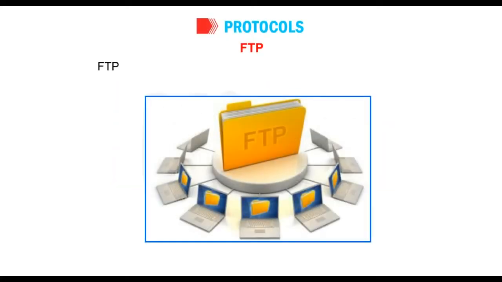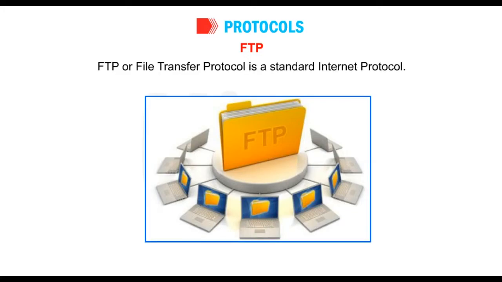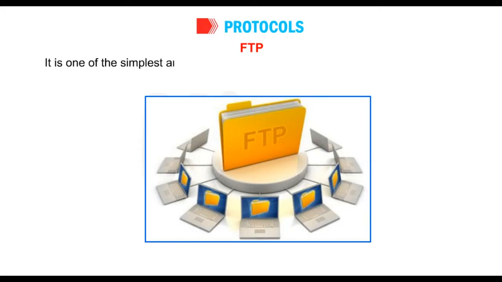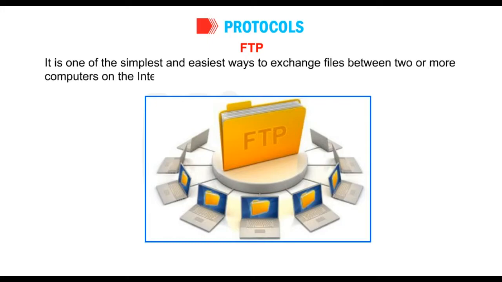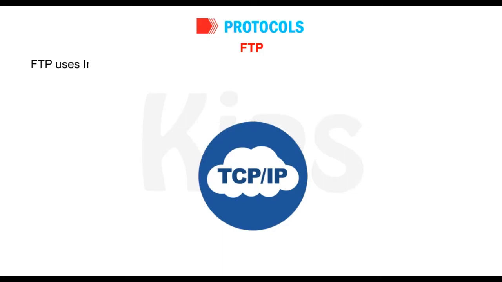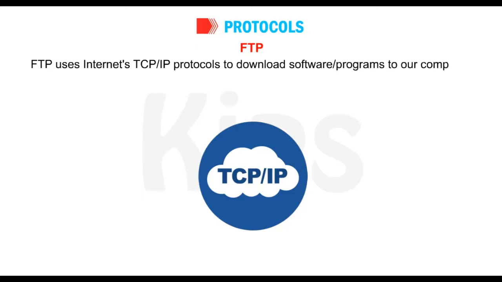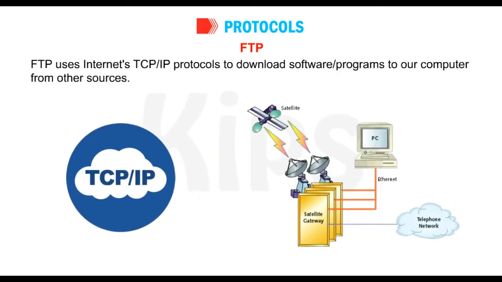FTP. FTP, or File Transfer Protocol, is a standard Internet protocol. It is one of the simplest and easiest ways to exchange files between two or more computers on the Internet, using FTP client and FTP server software. FTP uses the Internet's TCP/IP protocols to download software or programs to our computer from other sources.